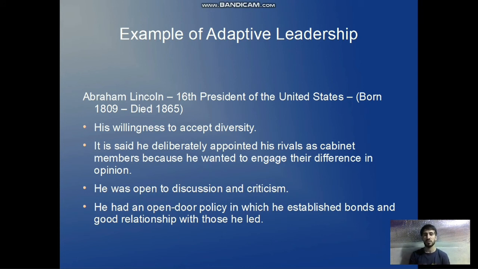Also, he was open to discussion and criticism. He also had an open door policy in which he established bonds and good relationships with those he led.